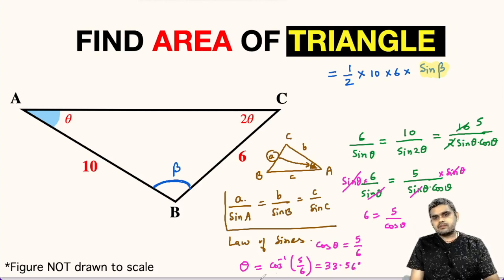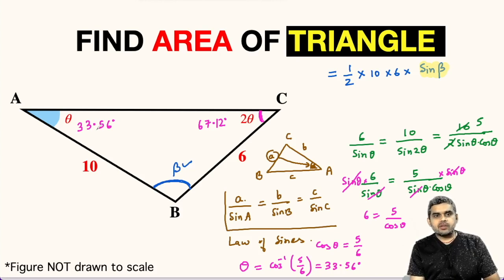33.56 degrees. So this theta is 33.56 degrees. So this angle double of theta will be twice 33.56, which is 67.12 degree. Now using angle sum property of a triangle, we will calculate the value of this missing angle beta.